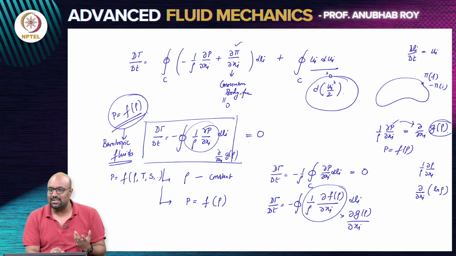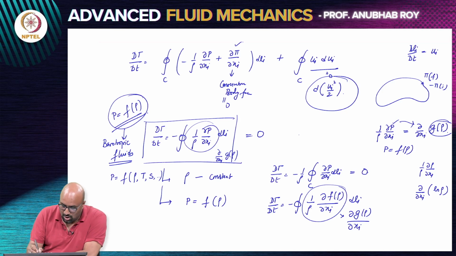Obviously, a constant density is a very special case of a barotropic fluid. P as a function of rho, if rho is a constant, is the trivial functional relationship: P is equal to some constant times rho raised to the power 0, so there is no dependence. So, this is what is known as Kelvin's circulation theorem.